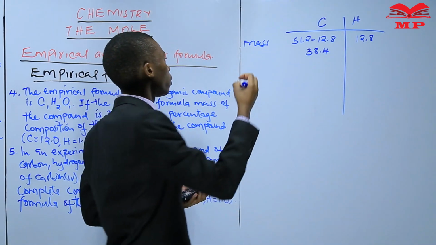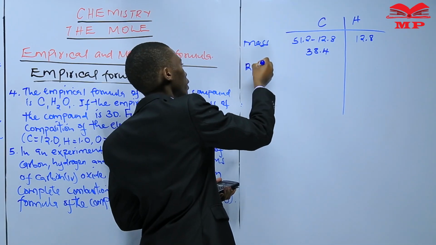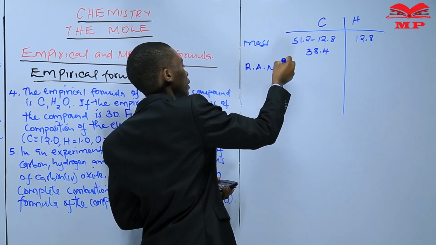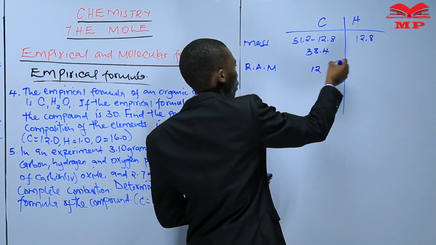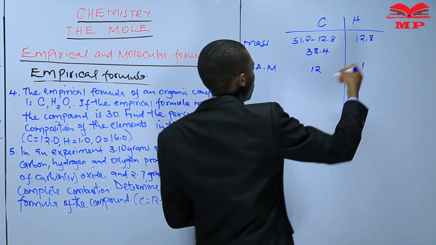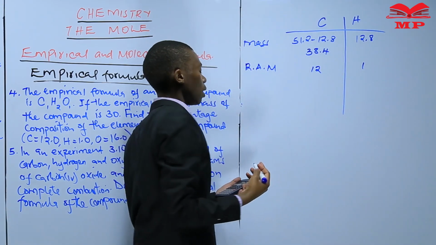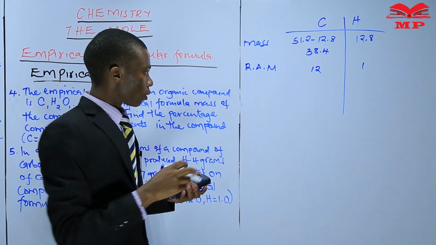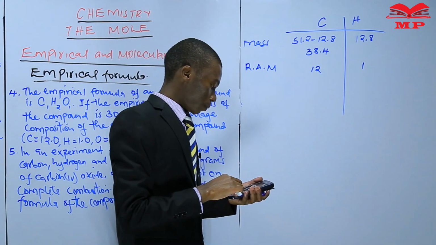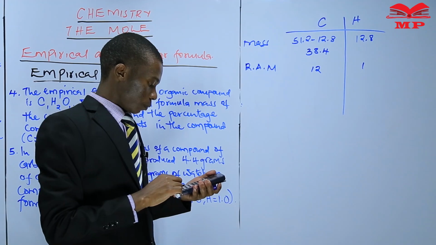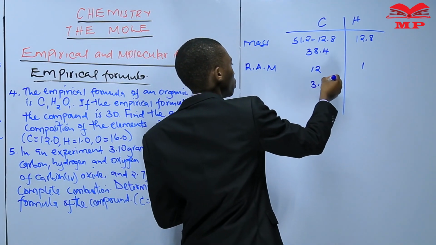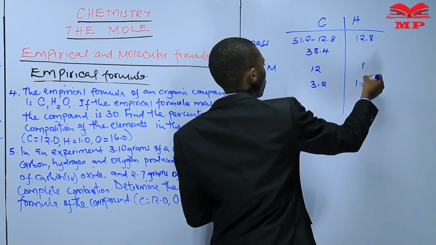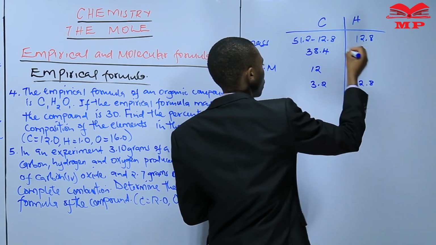And therefore, we now divide by the relative atomic masses. The relative atomic mass of carbon is 12. The relative atomic mass of hydrogen is 1. Therefore, 38.4 you divide by 12. This gives you 3.2. And 12.8 divided by 1 gives 12.8.